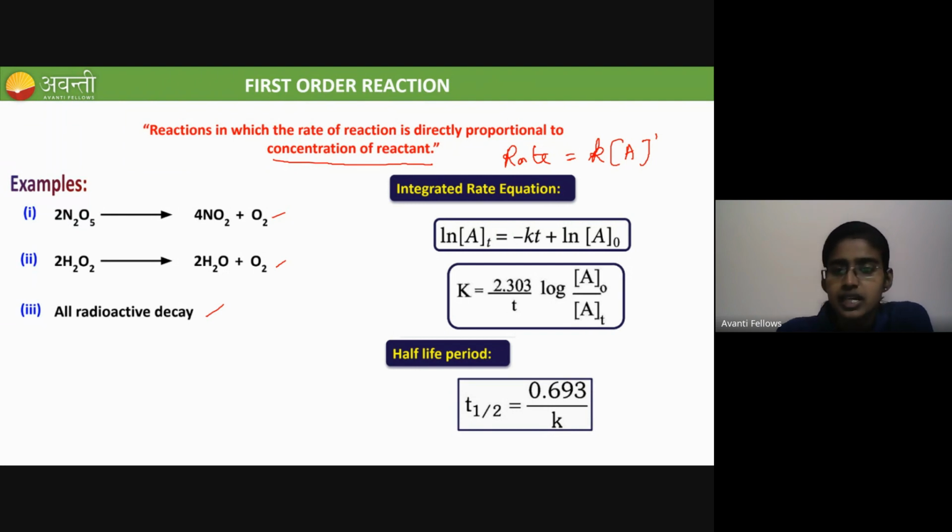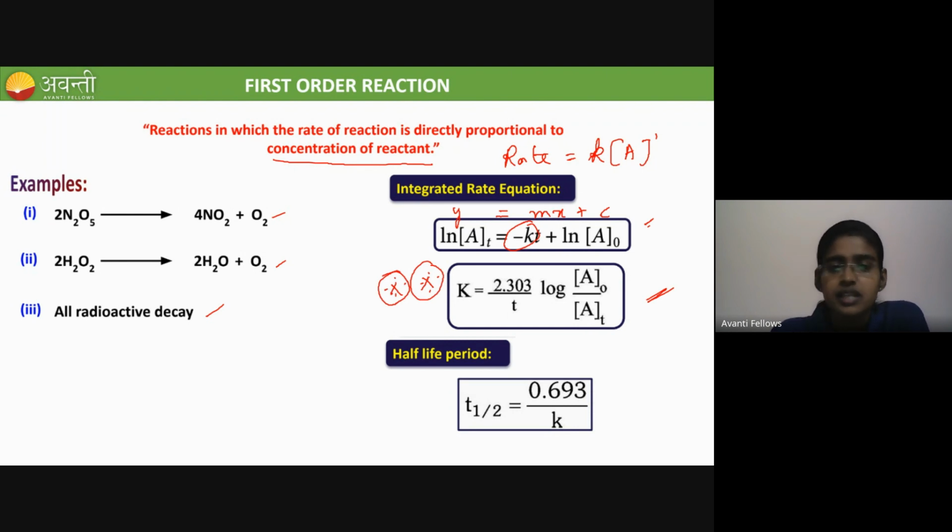Now here is the integrated rate equation, which is again y is equal to mx plus c, so again we'll get a straight line. Slope is again minus k, and this is the rate constant relation for first order, which is equal to 2.303 by t into log of A naught by At, a very important relation for all the numericals that we are going to discuss in this lesson.